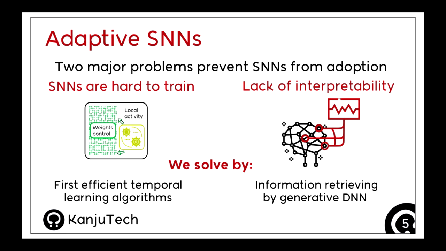They're very hard to train, because if we train them with backpropagation-like algorithms, that destroys some of the possibilities of spiking neural networks.